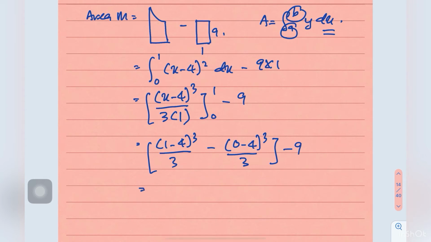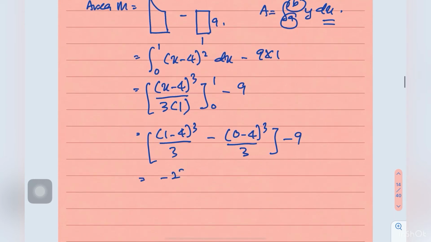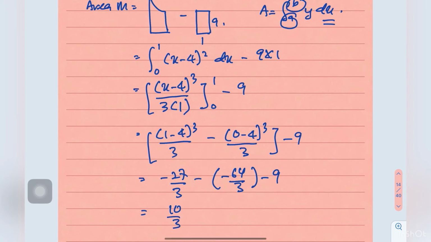Okay, so this one is negative 27 over 3 minus negative 64 over 3, minus 9. So the final answer, you will get 10 over 3 unit squared.